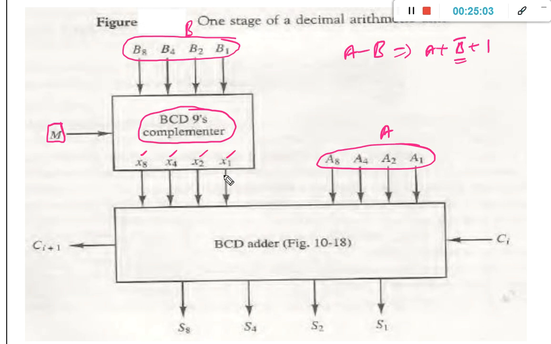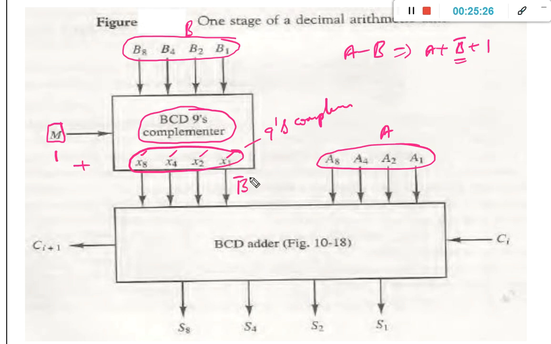So after getting x1, x2, x4, x8, this will be the 9's complement, and for subtraction the m value will be 1. So 9's complement plus 1, we are going to get the 10's complement. Now we are going to give the correct b value.